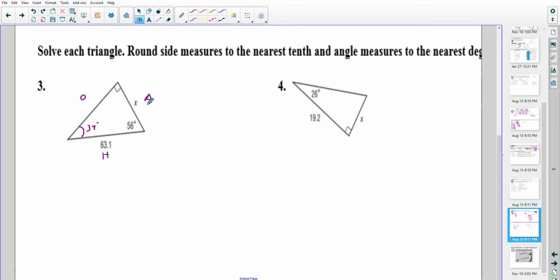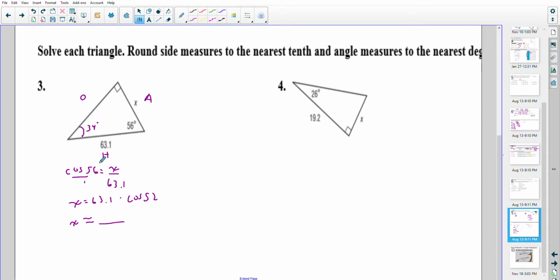So I can see it's going to be cosine of 56 is equal to x over 63.1. Again, cross multiply, solve, and get your x value.